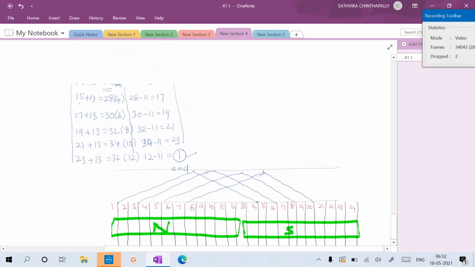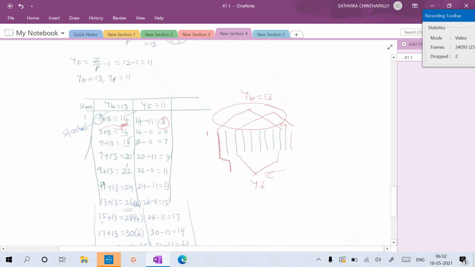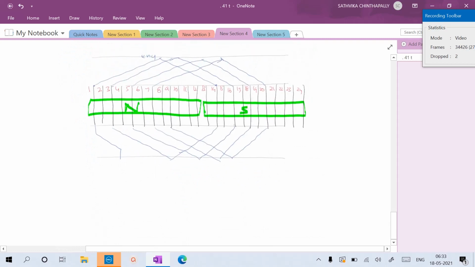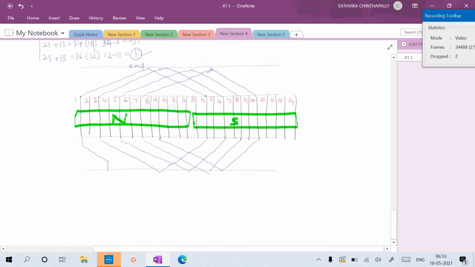So dear students, you can see this is simple. Based on this table, first is connected to the 14th, the 14th is connected to the 3rd, the 3rd is connected to the 16th, and the 16th is connected to the 5th. So based on this I am going to do the simple drawing. Now the last is the 9th conductor.